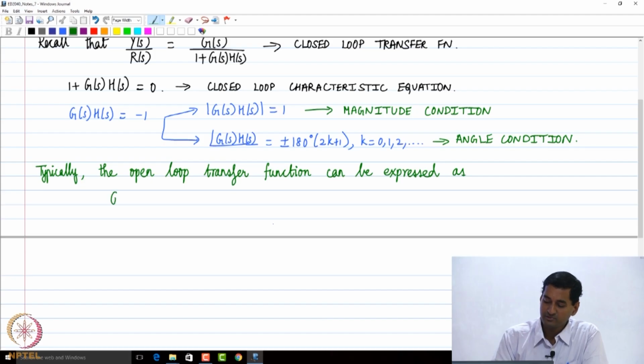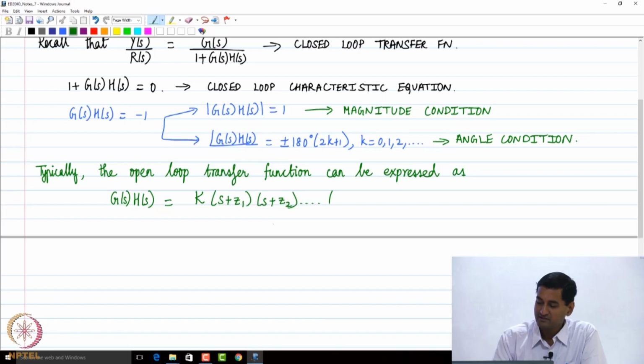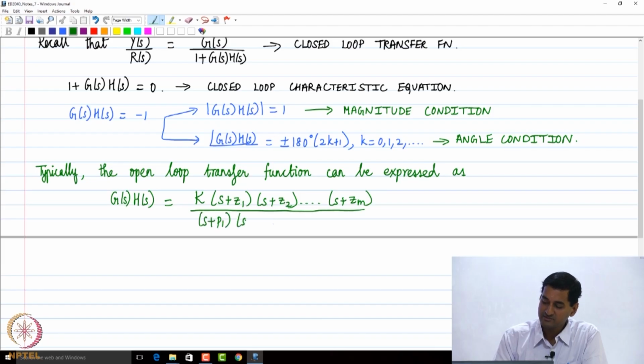Suppose we are able to express the open loop transfer function in this form, G(s)H(s) being some constant K times (s + z1)(s + z2) all the way till (s + zm), divided by (s + p1)(s + p2) all the way till (s + pn), right.